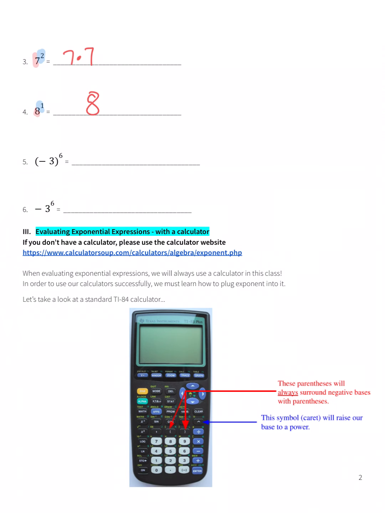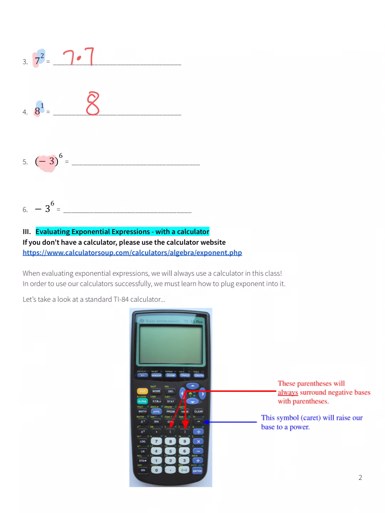Next, what I want you to do is pay close attention. These two things are a little tricky sometimes. So when I look at number 5, I can see that I have -3 in parentheses. What that means is -3 is my base. So that is the number I'm multiplying.